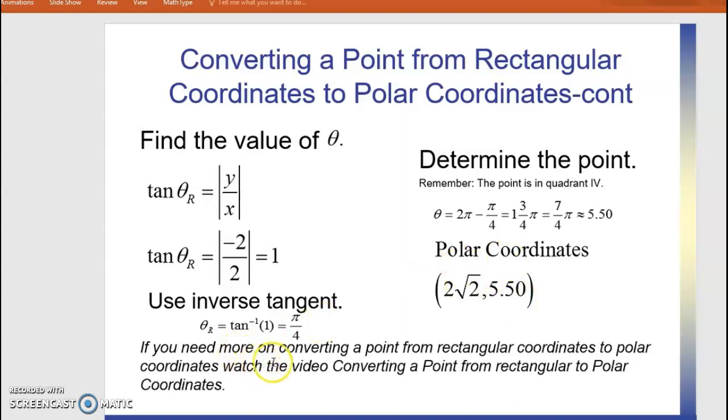If you need more examples on converting a point from rectangular coordinates to polar coordinates, watch the video Converting a Point from Rectangular to Polar Coordinates, posted in Moodle in the resource section for this week.